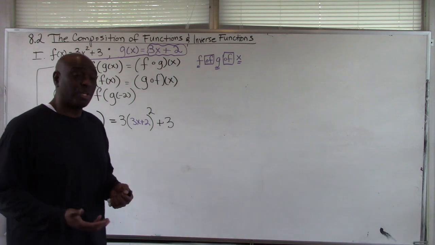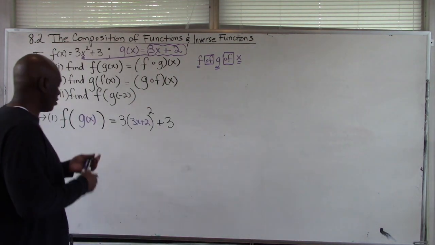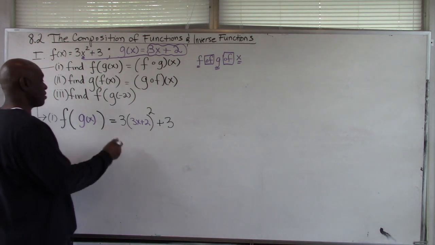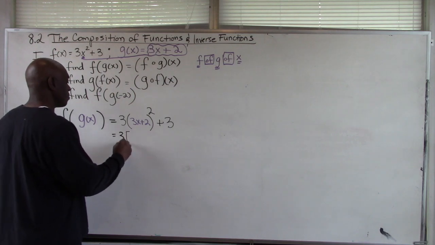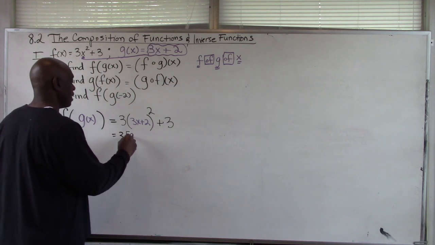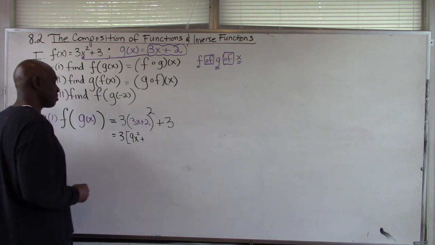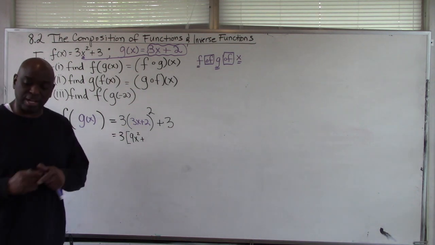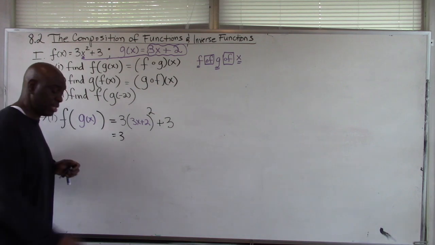Alright. And I guess the most important thing here, once you do your substitution, is to do the actual arithmetic. Let's do the work now. So now this is going to equal 3 times, because we have to FOIL this out. In fact, let me just write it out for you so you can see it. I don't want to hurry through it.